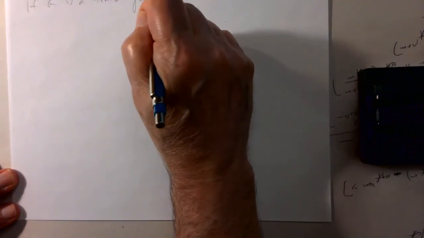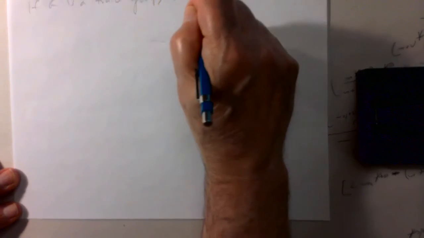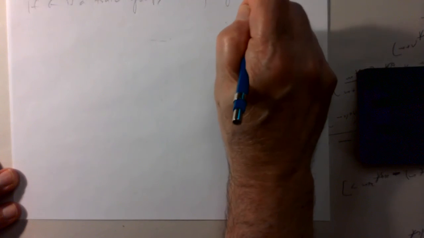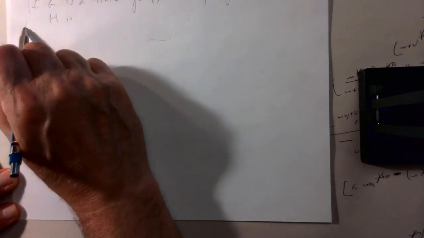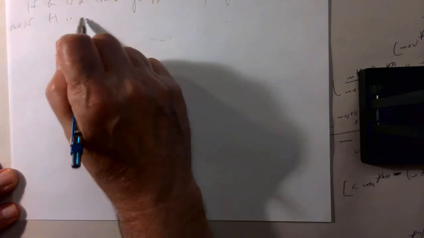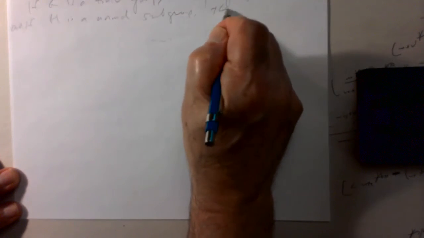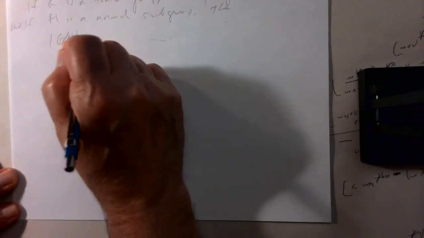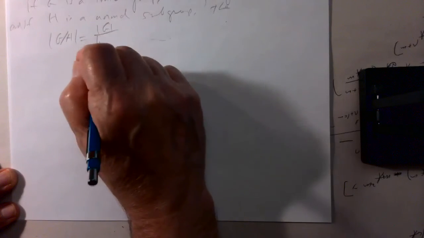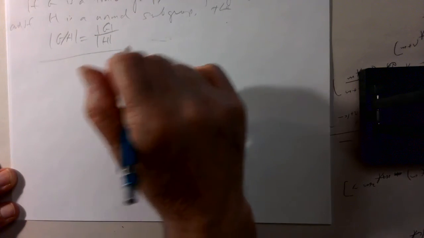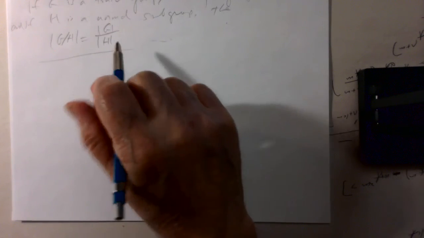Can make one other observation. If G is a finite group, then by Lagrange's theorem, and H being a normal subgroup, if I take the quotient group, the cardinality of that is the order of G divided by the order of H. But again, this is just an immediate consequence of Lagrange's theorem.